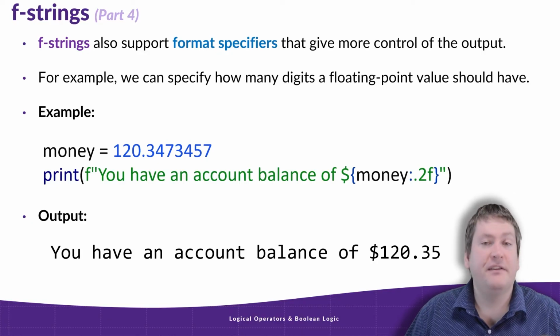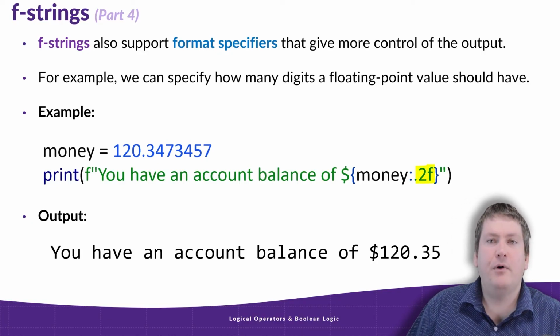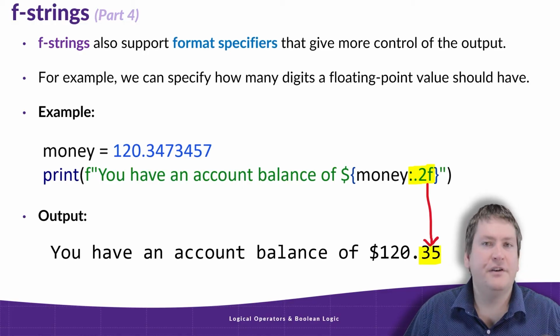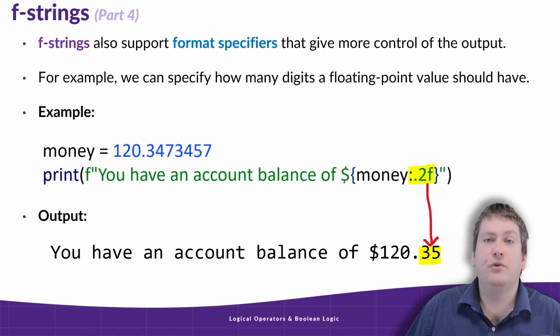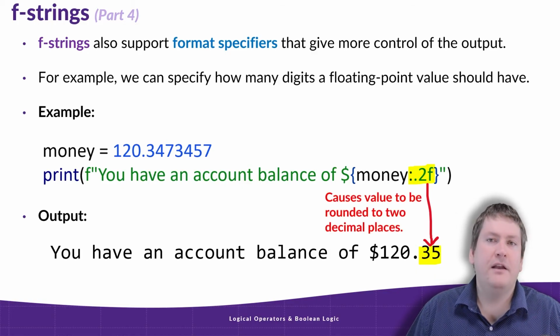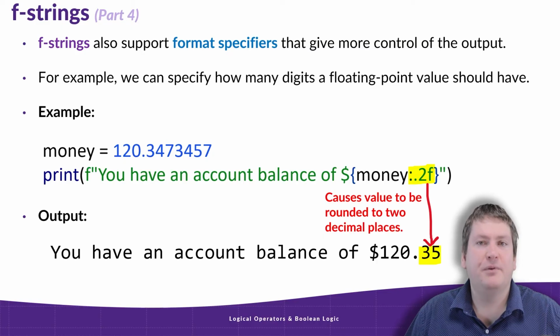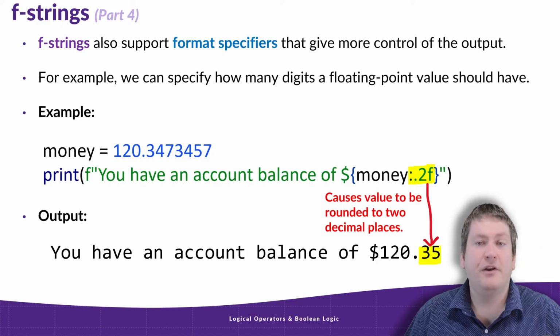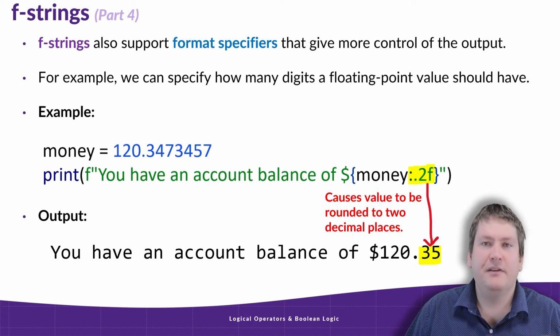So it's rounded to the second decimal point. Well, we can add a format specifier onto the end, which is :.2f, which tells it to round this floating point number to 2 decimal points. That 2 represents how many decimal places to round to. So .1 would be 1, .0 would be no decimal places, and like .3 would be 3 decimal places.